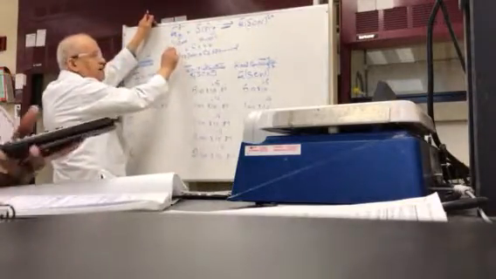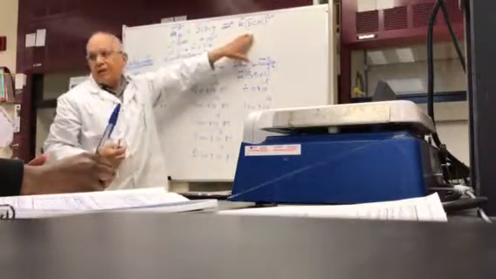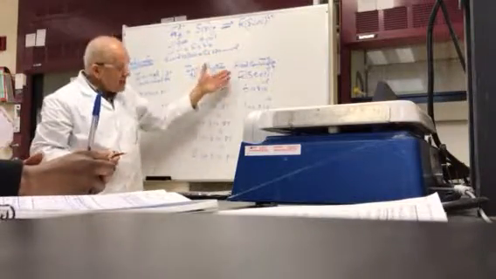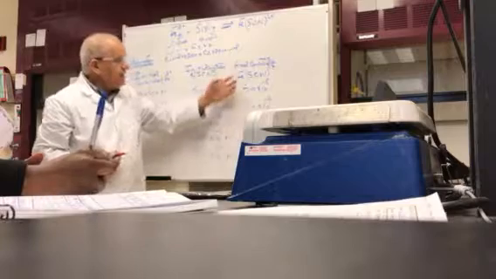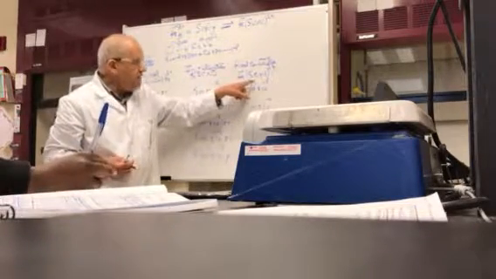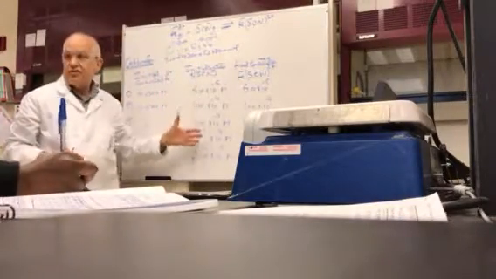It's 100 times higher in concentration than this. Assuming the reaction will go to completion, this equals this at equilibrium. So you will have FeSCN final is the same as the initial concentration of thiocyanate.